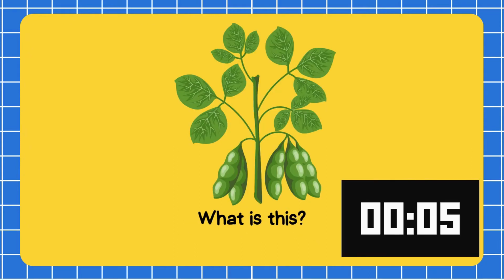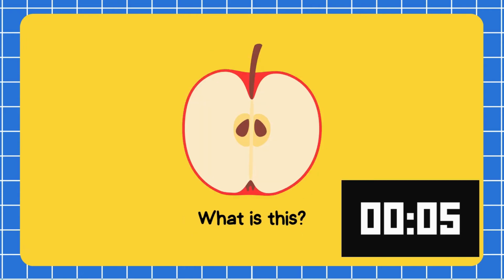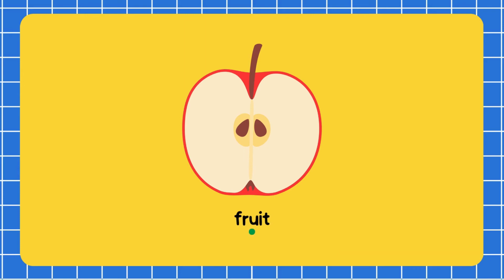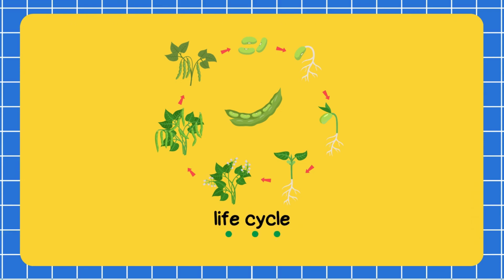What is this? Adult bean plant. What is this? Fruit. What is this? Life cycle.